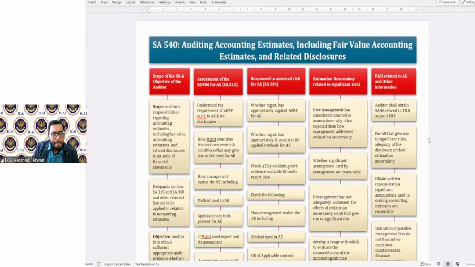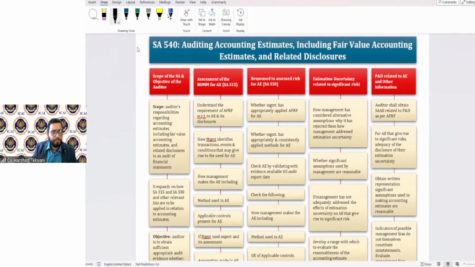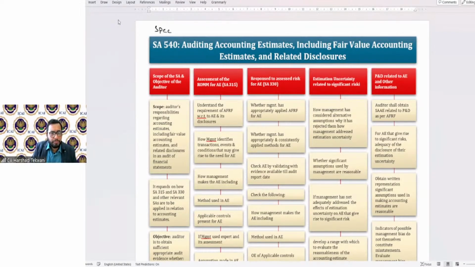So you can say specific application of SA 315 and 330 with respect to accounting estimates. So we will be seeing how to apply SA 315 and 330 for an accounting estimate.